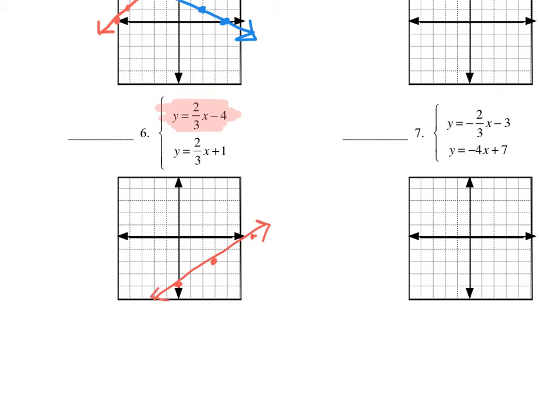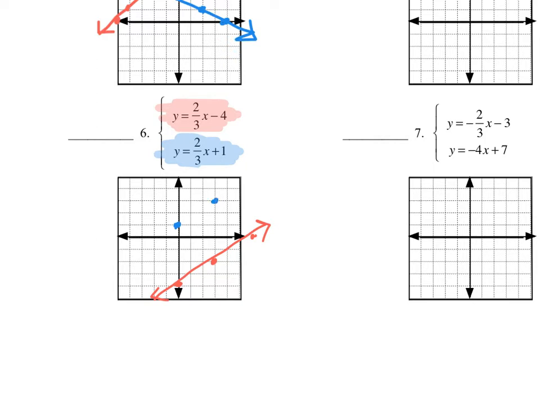Okay. My next equation, we're going to go up 1 and plot our point on the y-axis. Alright, again, our slope is 2 over 3, so we go up 1, 2 over 1, 2, 3.